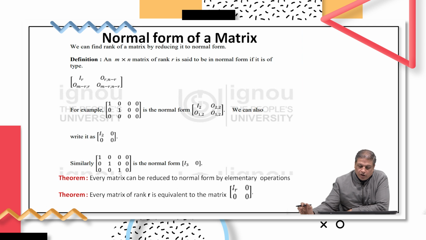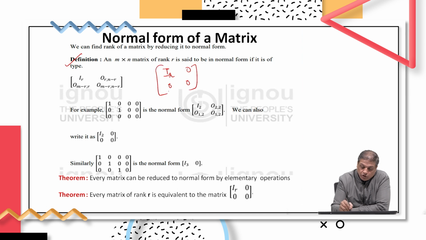Now, the formal definition of the normal form of a matrix states that an M cross N matrix of rank R is said to be in the normal form if it is of the type IR and the remaining values are 0. So, IR is the rank of the matrix. So, this is I2, the identity matrix of order 2.